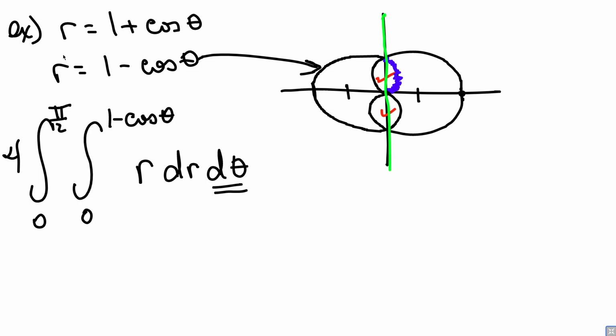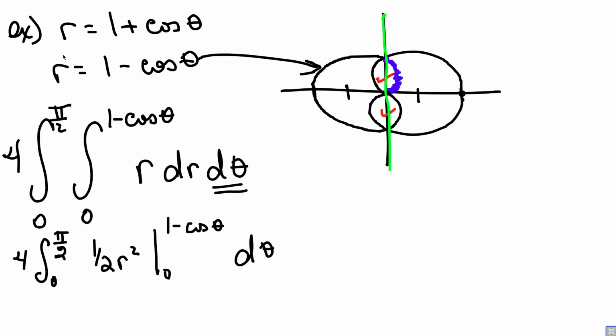Okay, so if we evaluate this, what we're going to have is 4 times the integral from 0 to pi over 2. And if we integrate with respect to r, we're going to have 1/2 r squared, evaluated from 0 to 1 minus cosine theta, d theta.